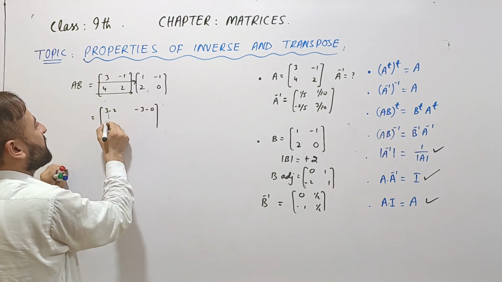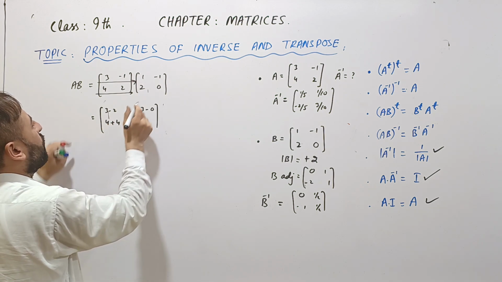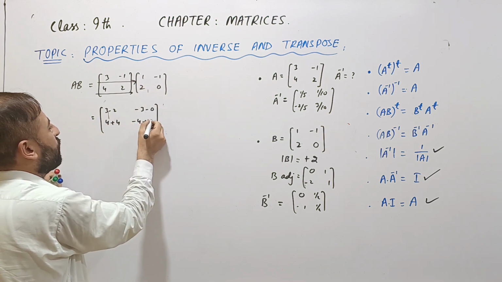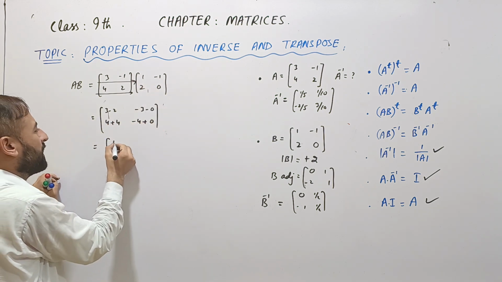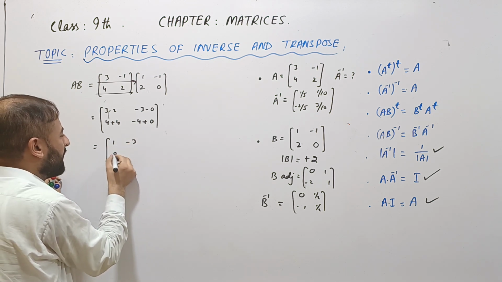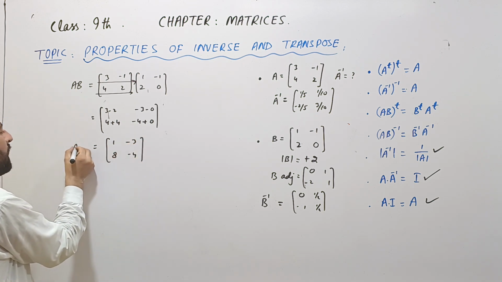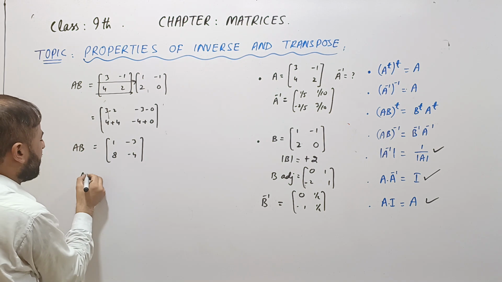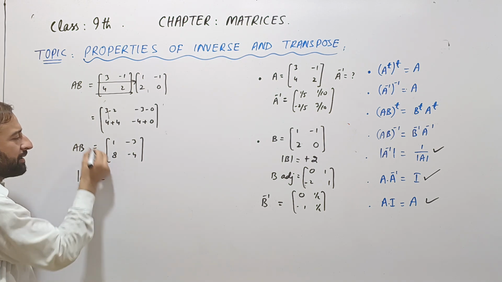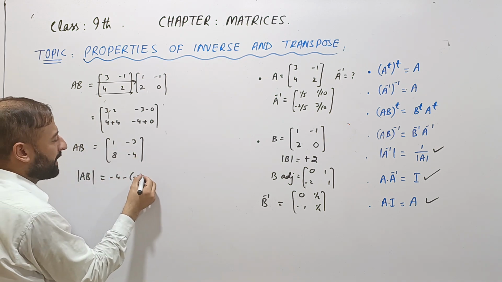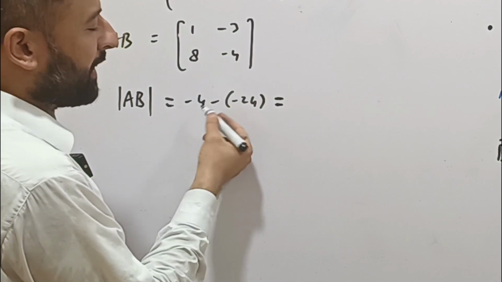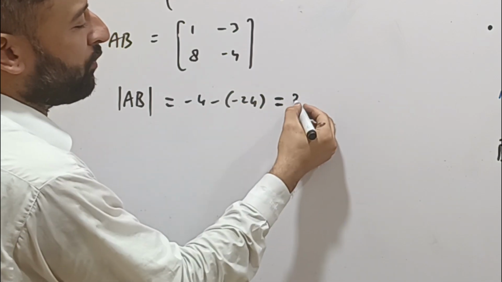Second row, first column, 4 plus 4, and this will be minus 4 plus 0. AB is 1, minus 3, 8, minus 4. Now, students, you can find the AB determinant: minus 4 minus 24, which is minus 4 plus 24, equal to 20.